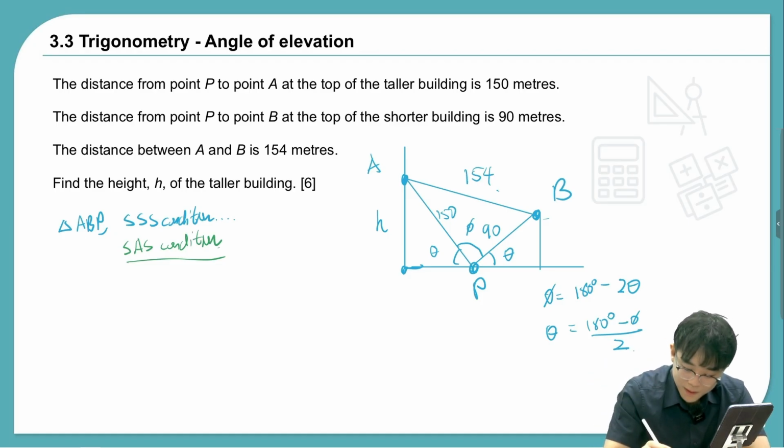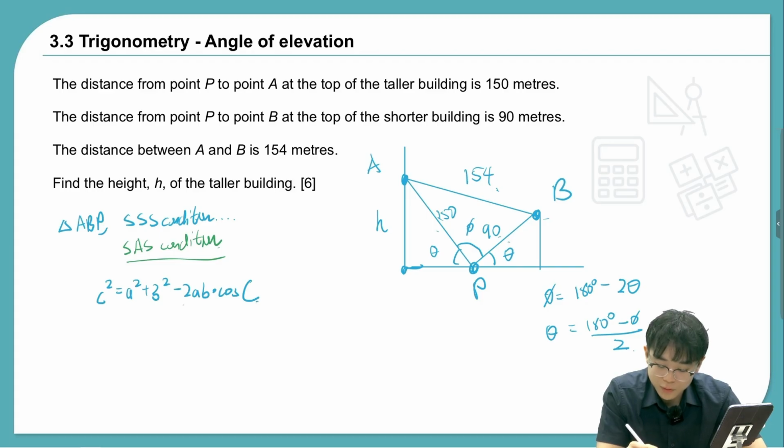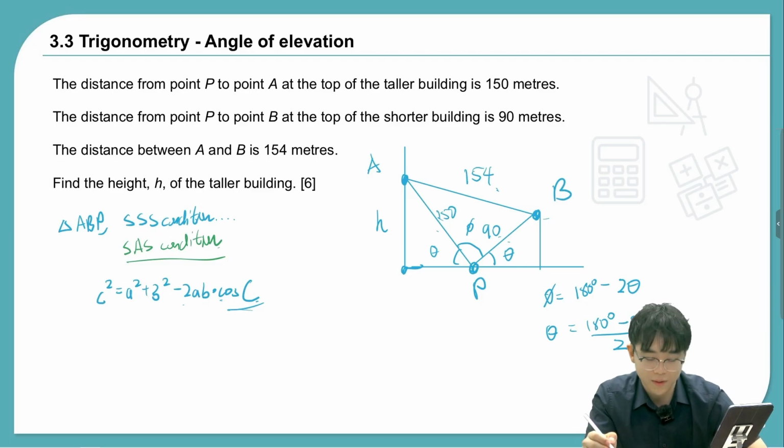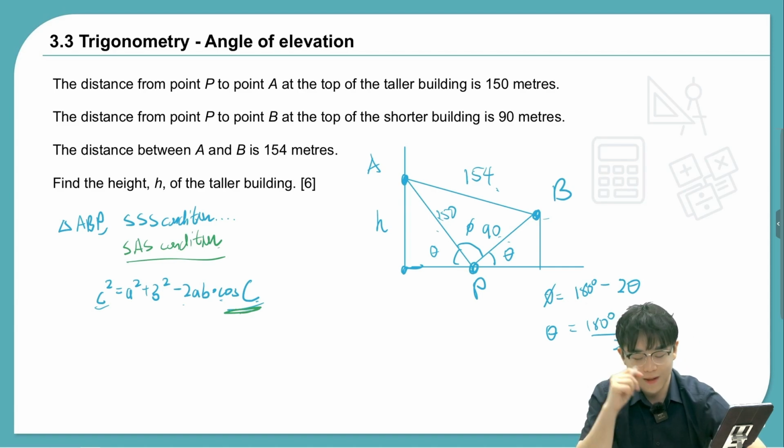Basically, it goes like c squared is a squared plus b squared minus 2ab times cosine C. So the side length of one of the triangles squared is equal to the side lengths squared of the other two minus 2 times the side lengths times cosine C. It's important what you decide as side small c and angle capital C, because we want to make sure that this formula accommodates the involved angles and side lengths.